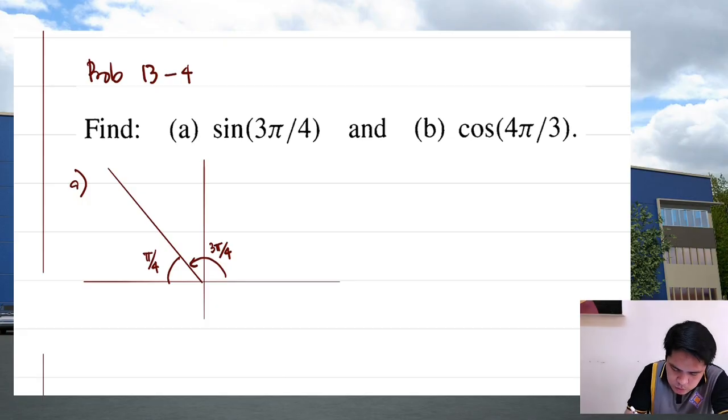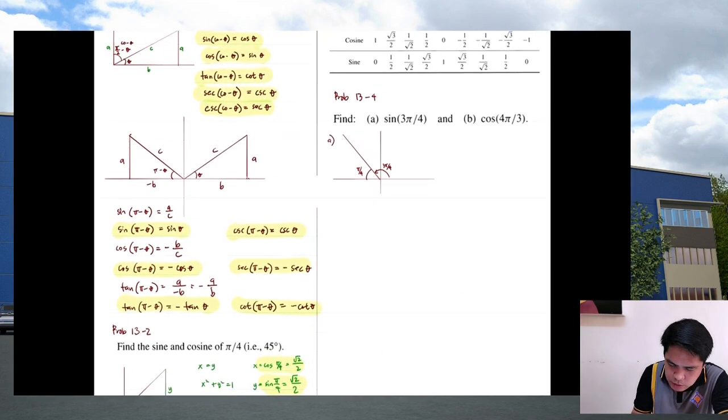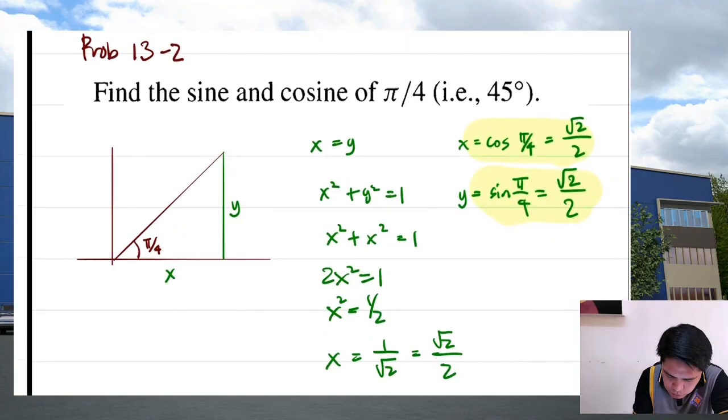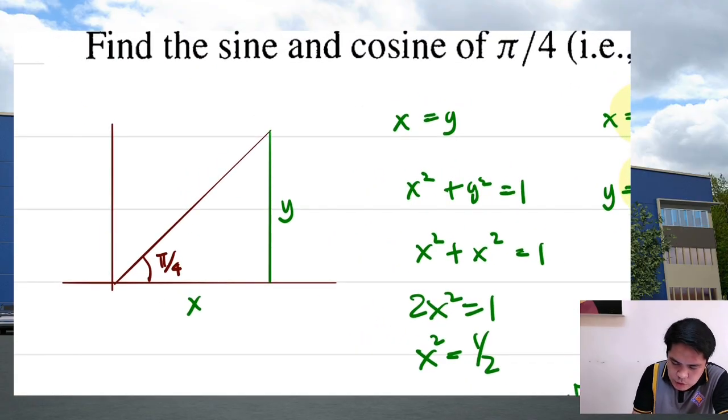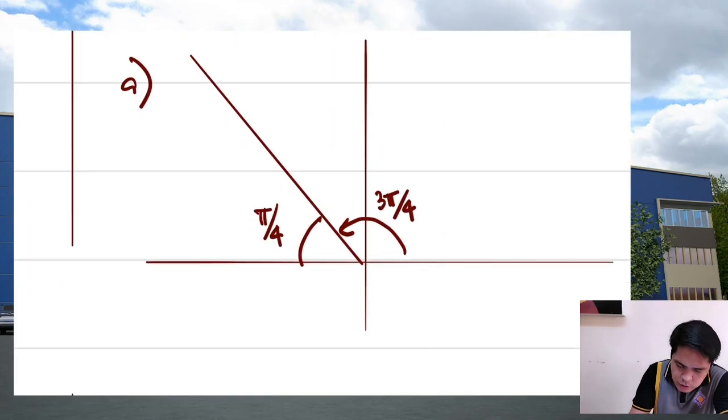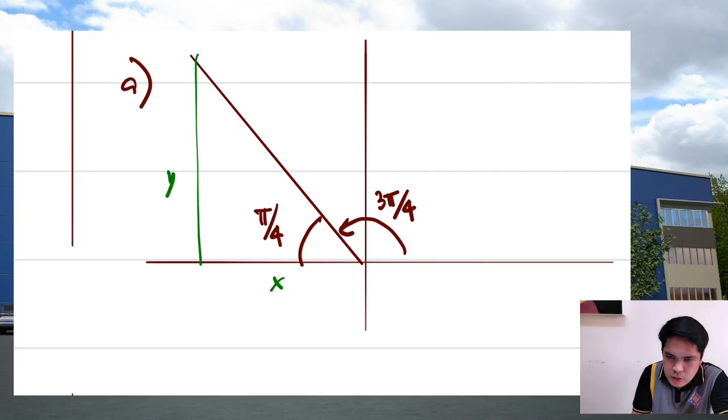Right? If you recall our example, where was pi over 4? Here, at pi over 4, this side and this side are equal.